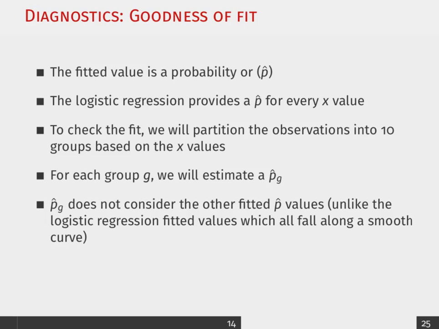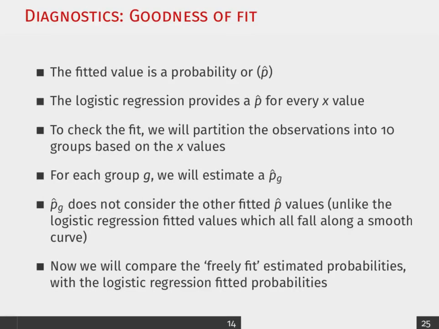So the predicted probabilities and the confidence intervals for each of these subgroups is only based on the observations in that subgroup. And again, we're going to compare that to the freely fit values that we get along that logistic function normally, without using a conditional subsample of groups.